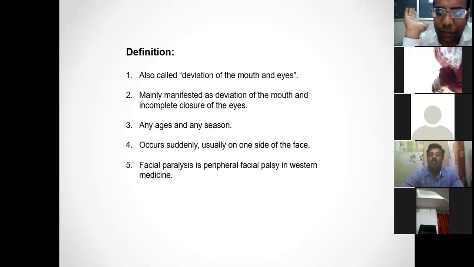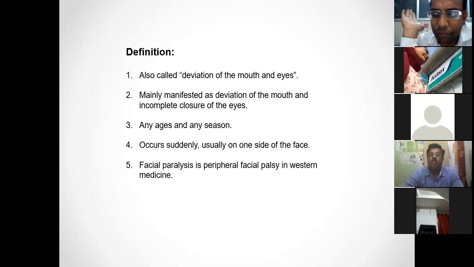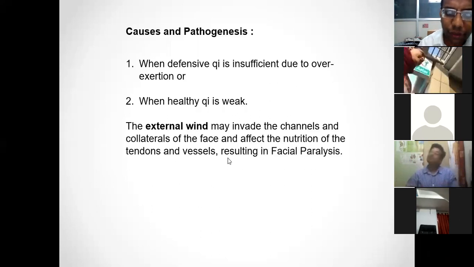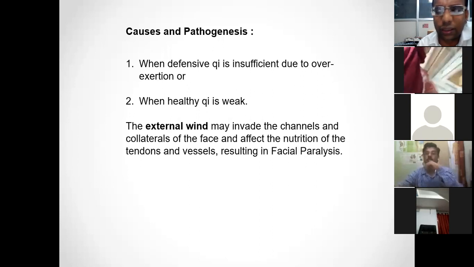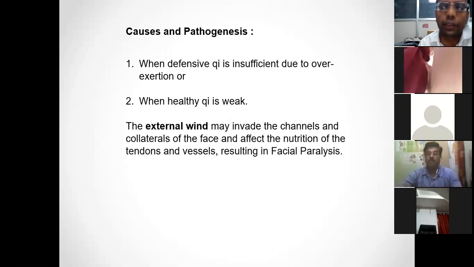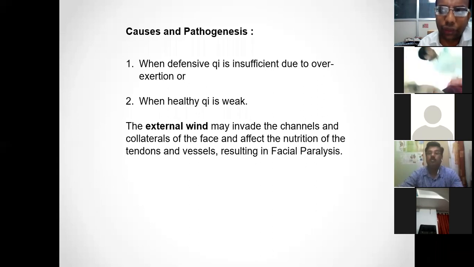Facial paralysis is a peripheral facial palsy in Western medicine. It occurs when defensive Qi is insufficient due to overexertion. As I told you, whenever your healthy Qi is insufficient due to overexerting yourself, exhaustion, it becomes like this, and healthy Qi is weak.